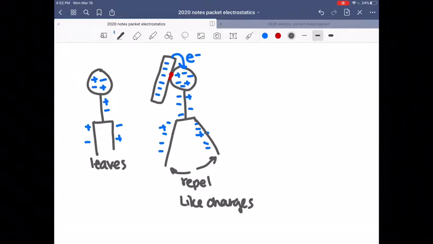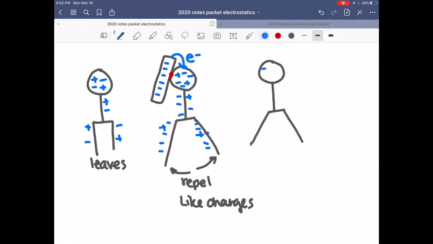Okay, and after you remove the rod from the electroscope, after you get that contact removed here, you still have all of those extra negatives on the electroscope, and the leaves remain repelled.